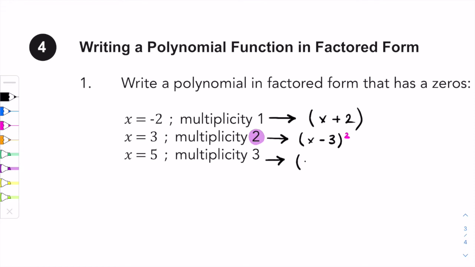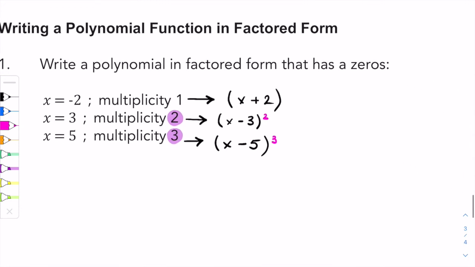For our last factor, we have x minus 5. Because the multiplicity is 3, the factor is happening 3 times, or you could write an exponent of 3. Of course, an exponent of 3 is telling you precisely that the factor is occurring 3 separate times. But we wouldn't write it out like that because that's a waste of our time. We would just write it with an exponent of 3.